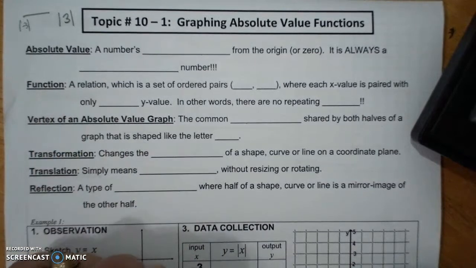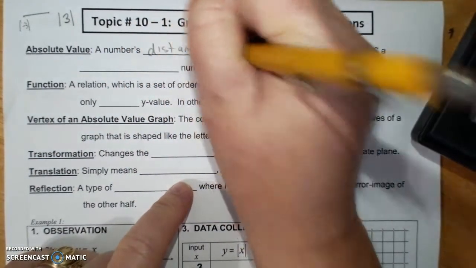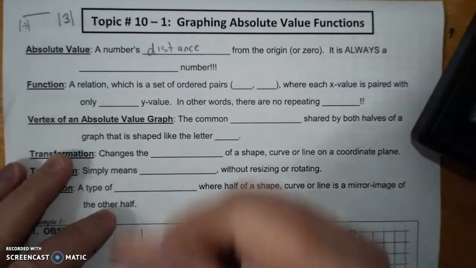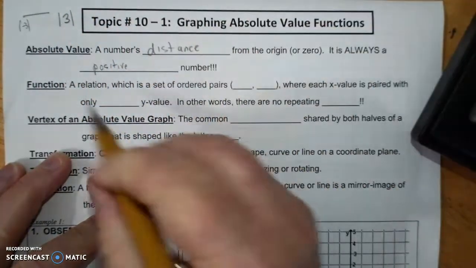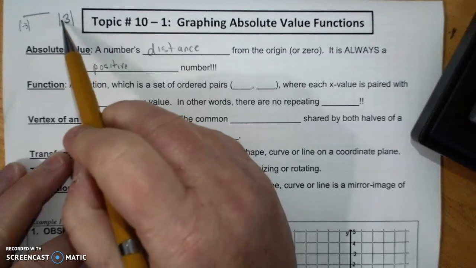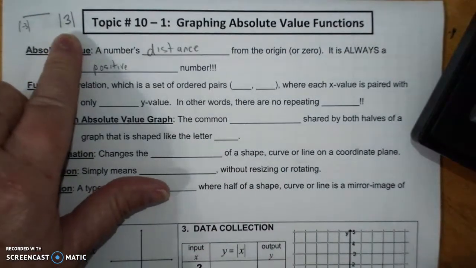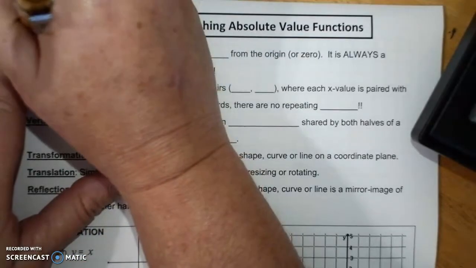So the absolute value is a number's distance from the origin, or from 0. It is always a positive number. So when you're taking the number out of the fences, it comes out positive. That's why the absolute value of 3 is 3, and the absolute value of -3 is also 3.